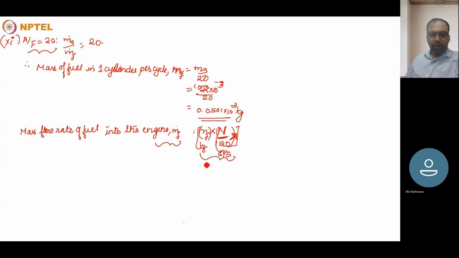This will be equal to kilogram per second, the total mass flow rate. The quantity is per cylinder, so we need to multiply it by the number of cylinders to get the total mass flow rate into the engine.